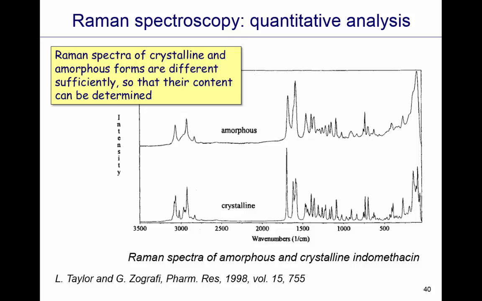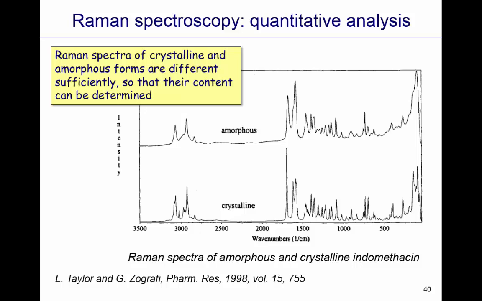That's not possible. Can we do it with a DSC by any chance? If you think about the question, can I distinguish how much of material I have in a crystalline state and how much of material I have in an amorphous state using DSC? You know what DSC is? Go ahead. Would there be a bigger energy change measured for the melting of the crystalline?